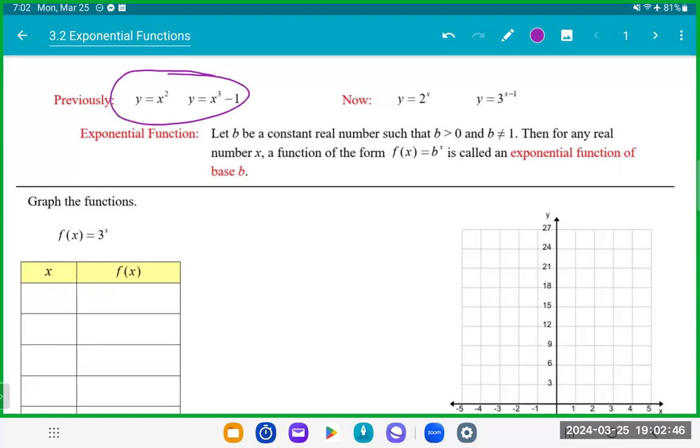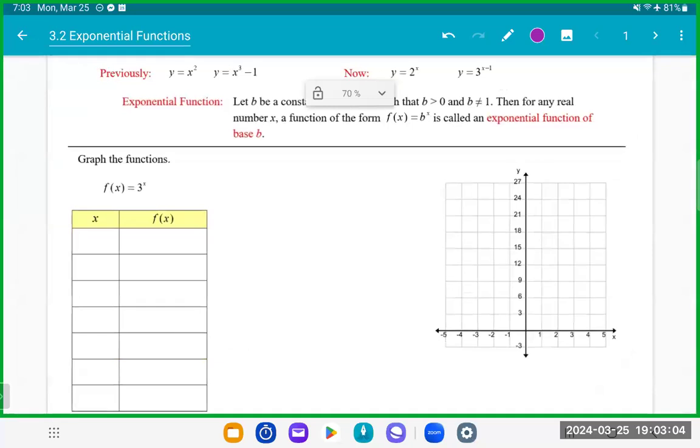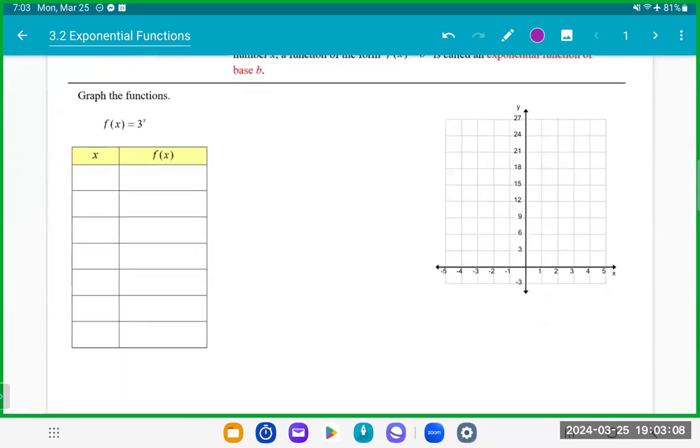Now we're going to flip and our variable x is going to be up in the exponent instead of down as the base. Okay. So how do we graph things like that? We're going to start by building a table. But eventually we don't want to have to build a table every time we want to graph something.